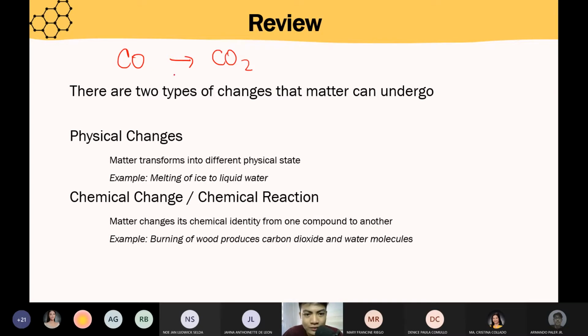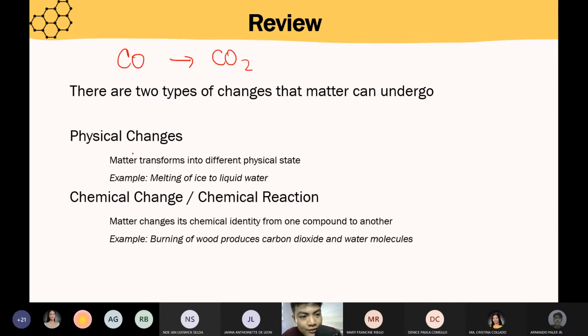So ang carbon dioxide, although we will still pass out if there's too much of it in the air, at least for CO2 it will take longer time. So as you can see, the mechanism of their action differs now because they are two different molecules. That means may chemical change talaga. The chemical identity of our substance really changed.